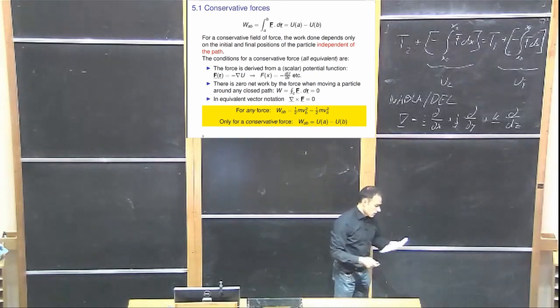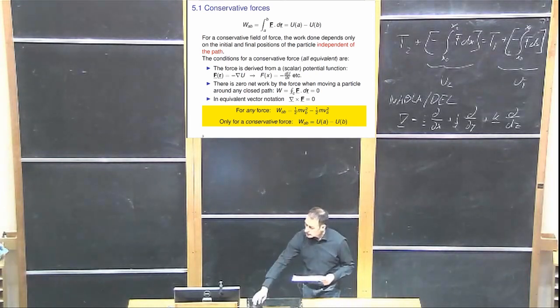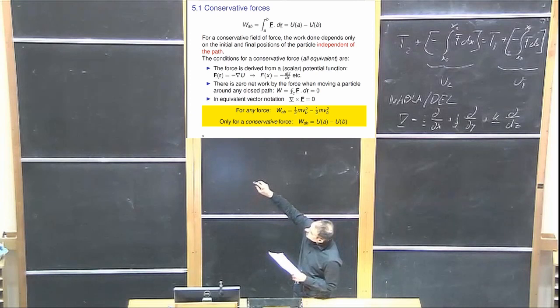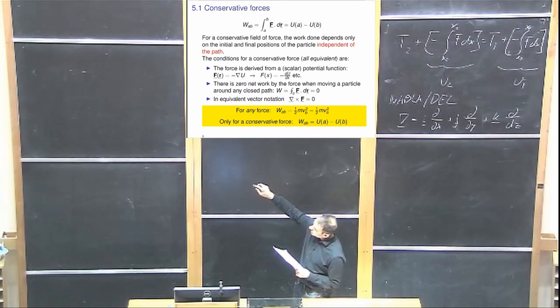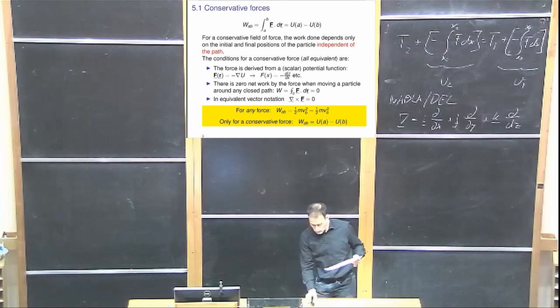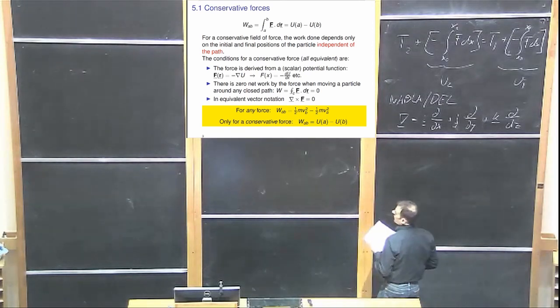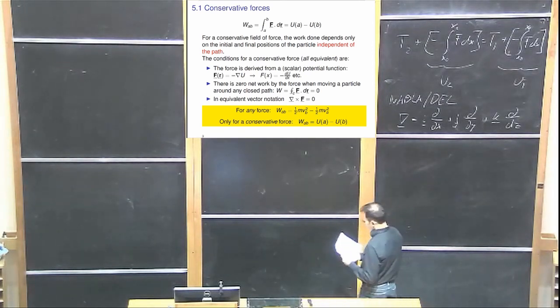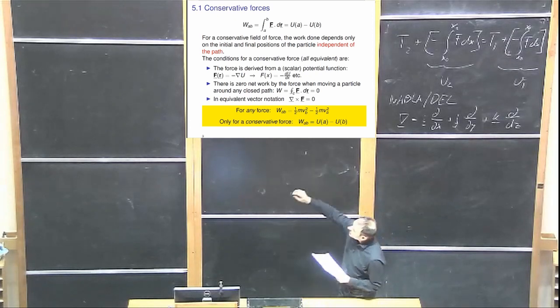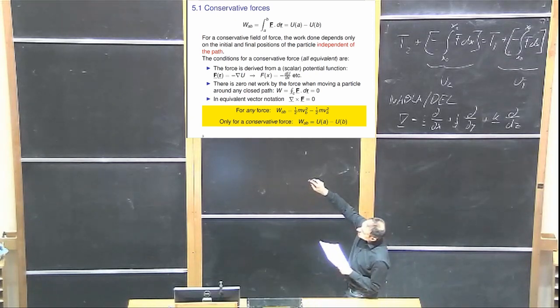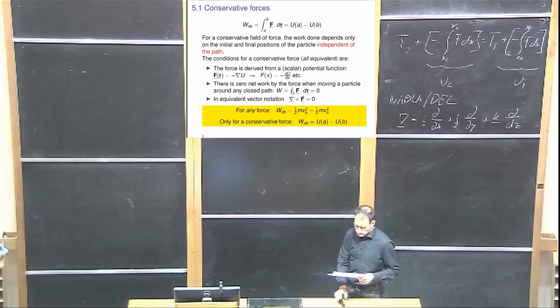So the first definition here is if the force is derived from a scalar potential function, you end up with a vector, and the F component in x direction is minus dU by dx. The component in y direction is Fy, minus dU by dy, and so on.